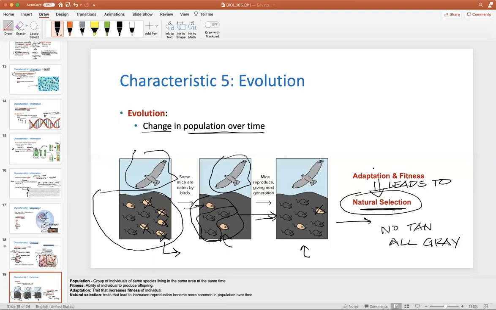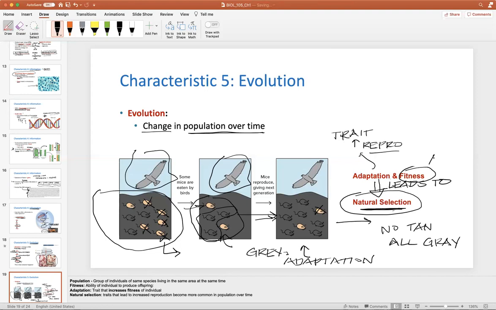So an adaptation is a trait that increases reproduction. You can see that the trait that increases your ability to reproduce here is being gray. So gray coat color equals our adaptation. Adaptation.